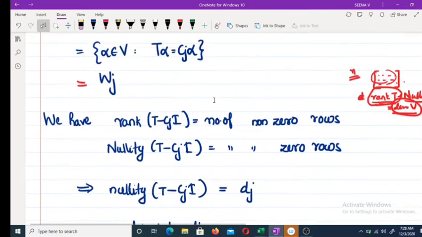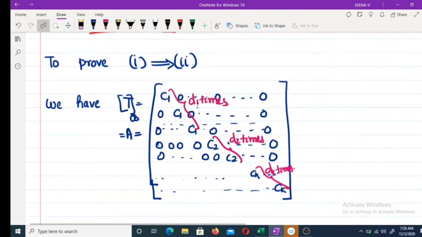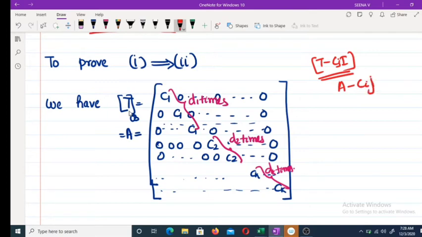Now, what about the number of zero rows? If we consider the matrix of T minus Cj I, that is the matrix A minus Cj I, what happens? If you consider A minus C1 I, these all become 0, and this becomes C2 minus C1, C3 minus C1 repeated d2 times, and this becomes Ck minus C1.